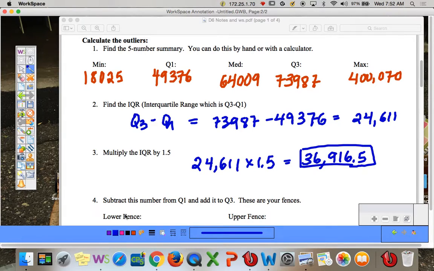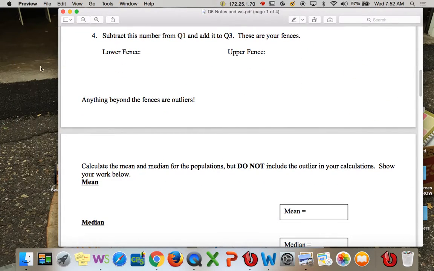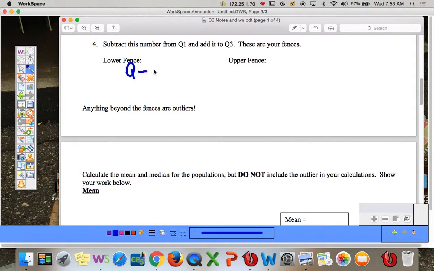To find the lower fence, we will subtract it from Q1. And to find the upper fence, we're going to add it to Q3. So let's do that down here. The lower fence is Q1 minus the number, and the upper fence is Q3 plus that number from the previous step.